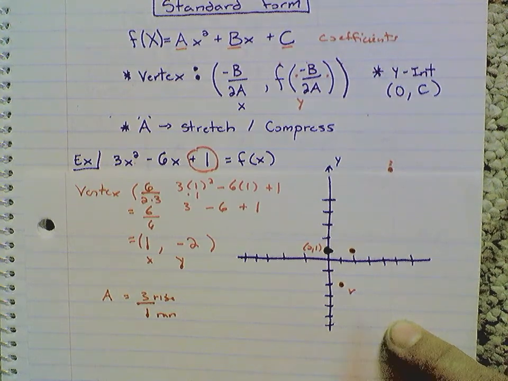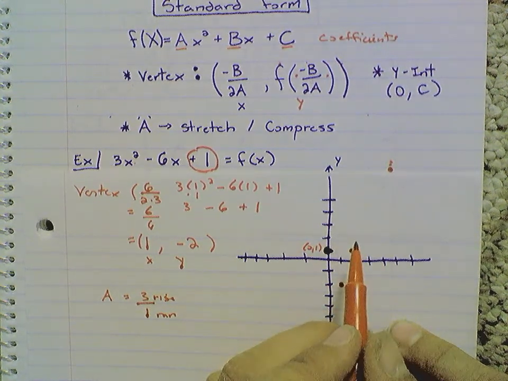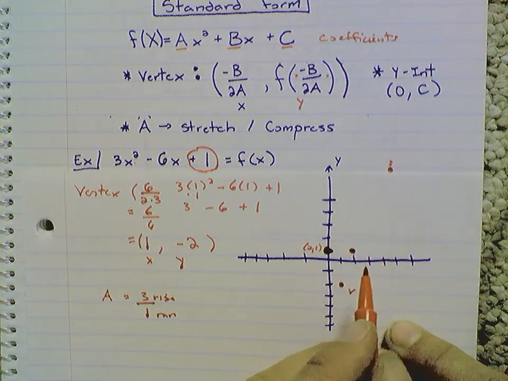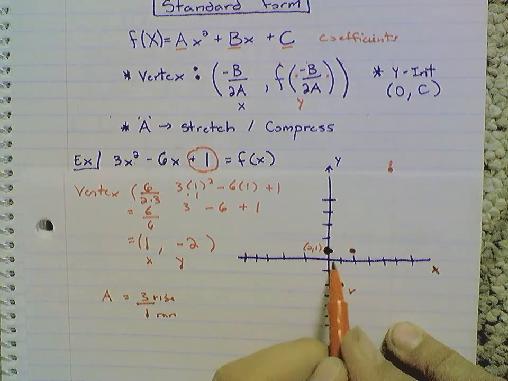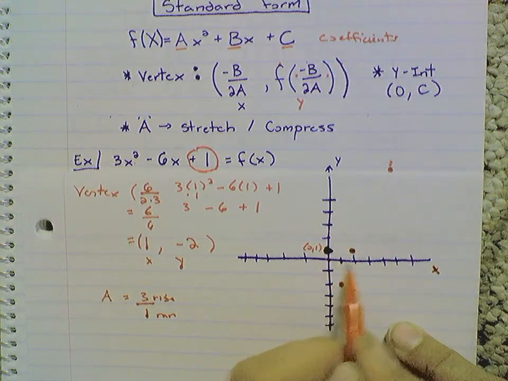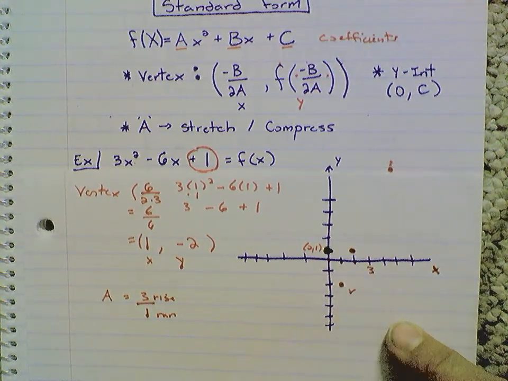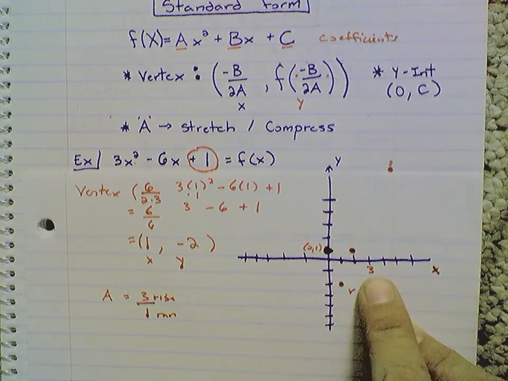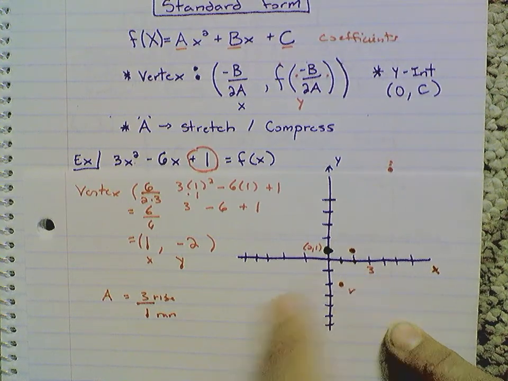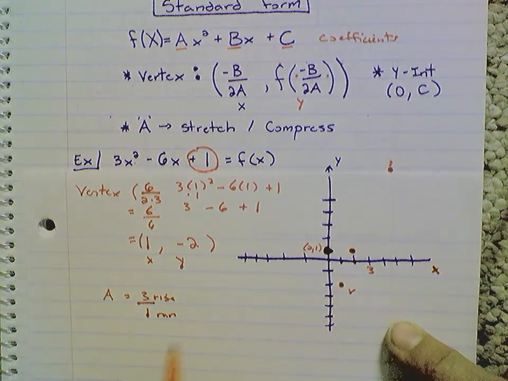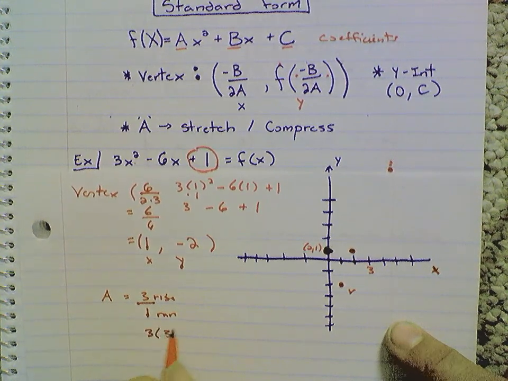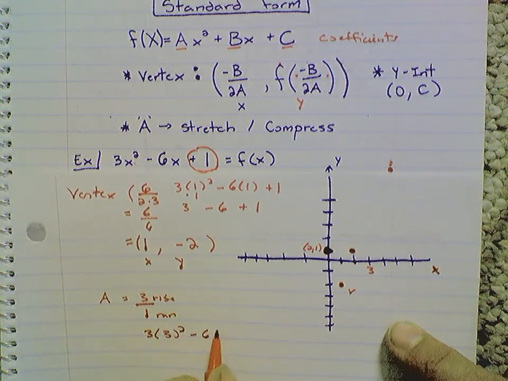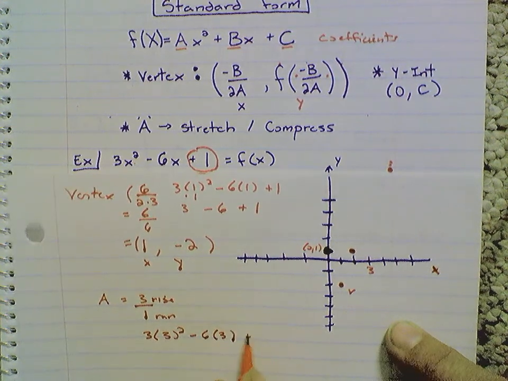Now, to find my last 2 points, I'm going to need to plug in an x value that I haven't used yet. So if I look, I've used 0, I've used 1, I've used 2, but I haven't used 3. So I can plug 3 into my function to find my fourth point, and then use that to find my last point. So if I plug that in, I'm going to get 3 times 3 squared minus 6 times 3 plus 1.